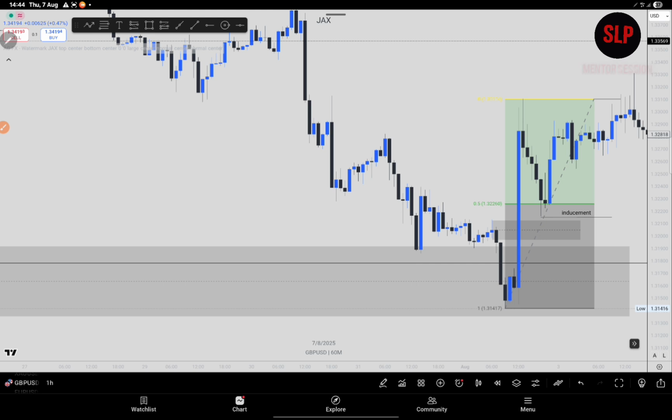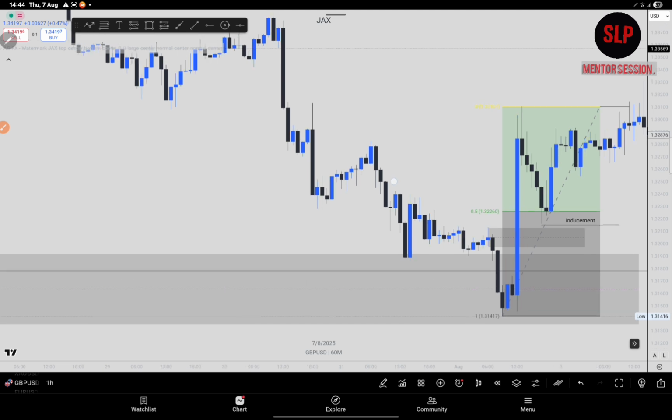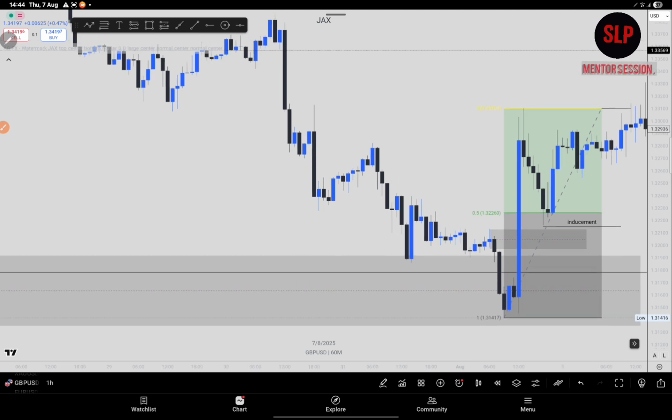This is the key fundamental we're going to be using to do anything concerning the range. Buy at discount, sell at premium, just basic knowledge. That's what we're going to be doing. So first of all, you can see that price has mitigated the discount zone and created inducement.